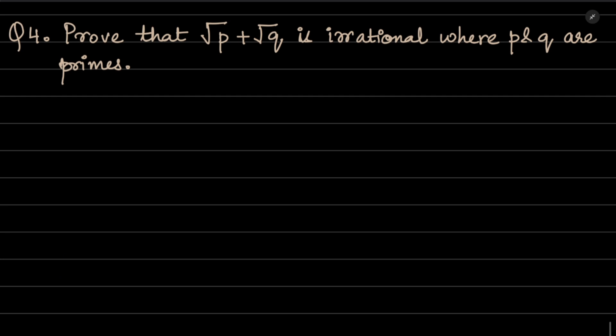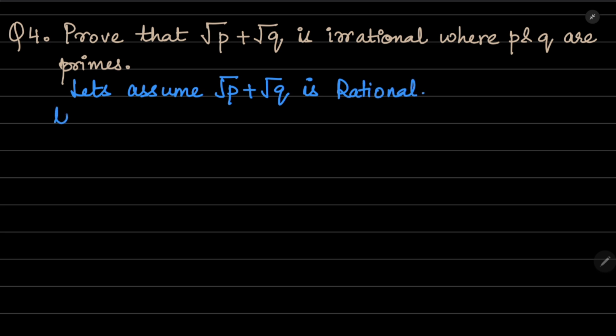Prove that root P plus root Q is irrational, where P and Q are primes. Again, let's go with the contradiction method. For the contradiction method, the first thing is, let's assume that root P plus root Q is rational.